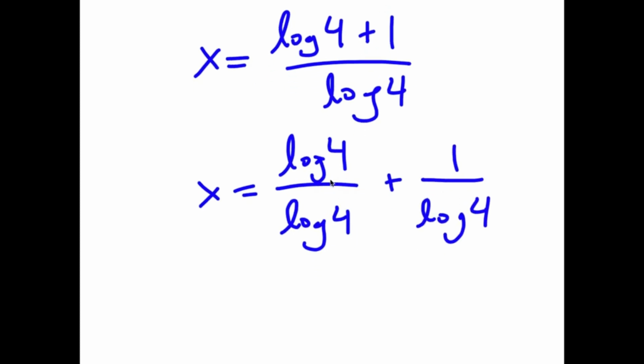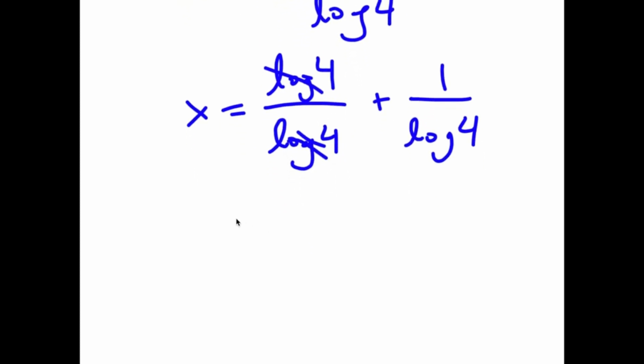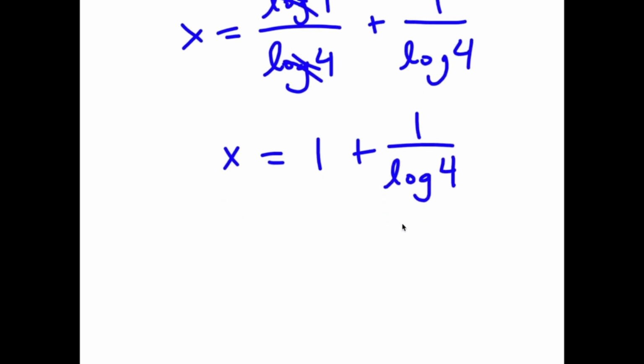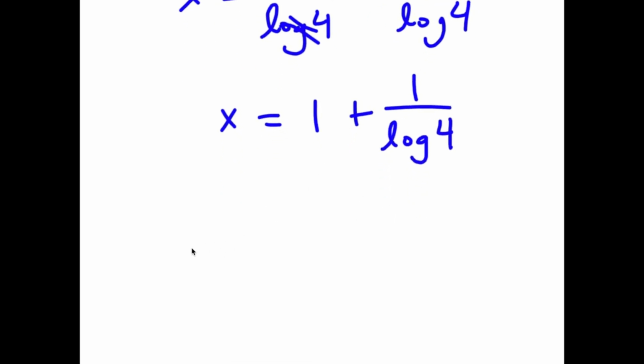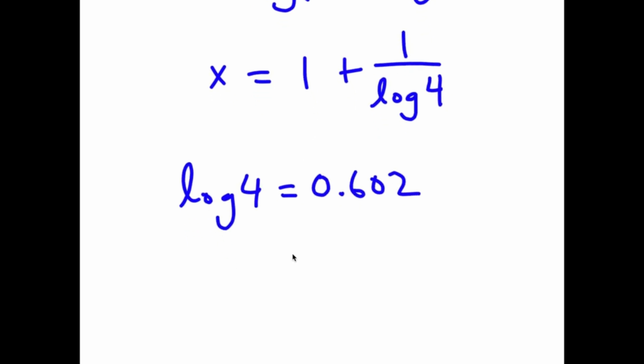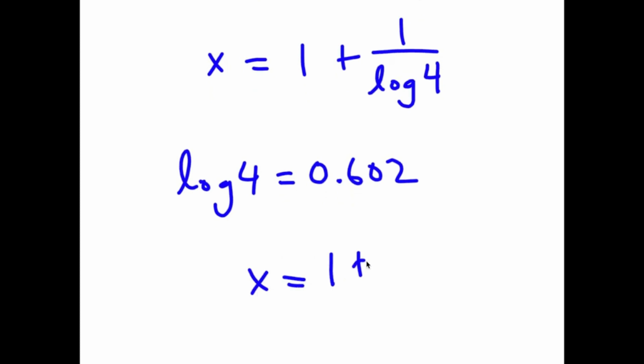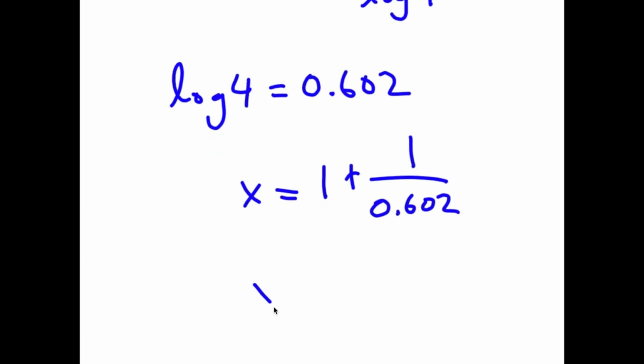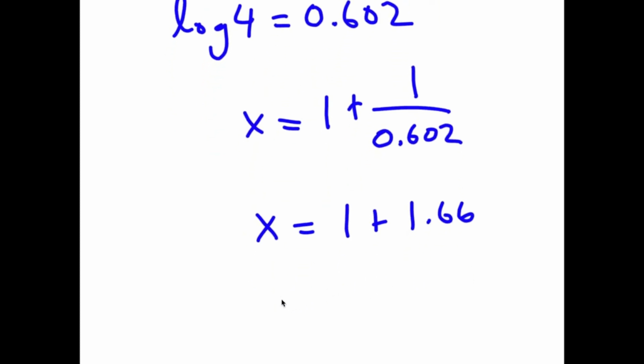Now log 4 and log 4, these two cancel out. So I have x is equal to 1 plus 1 over log 4. Now log 4 is equal to 0.602. So I get x is equal to 1 plus 1 over 0.602. And 1 divided by 0.602 is 1.66. So 1 plus 1.66 is 2.66.